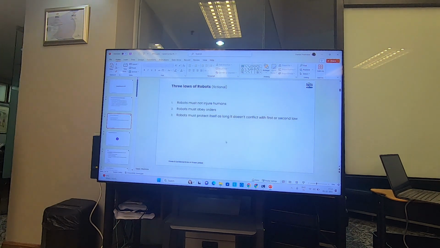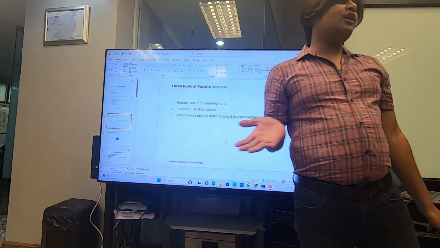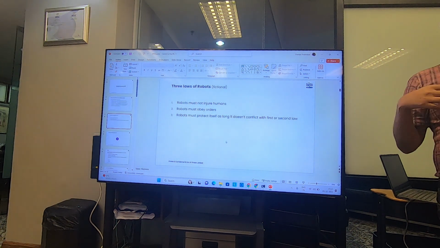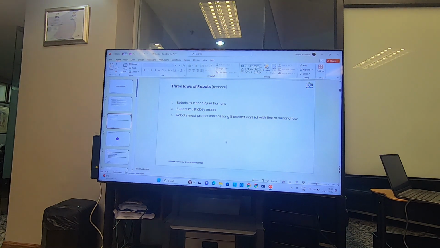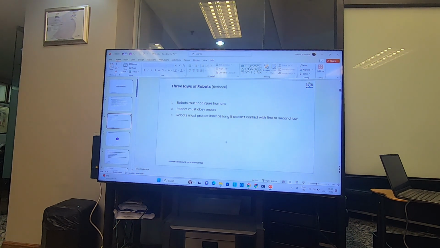Okay, so whenever a robot is developed, these are the 3 laws that it should follow. Although fictional laws only, but these are the laws that it should follow. First, it should not become that intelligent that it starts injuring humans. Second, it should always follow orders of humans.